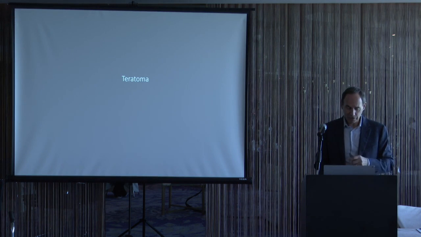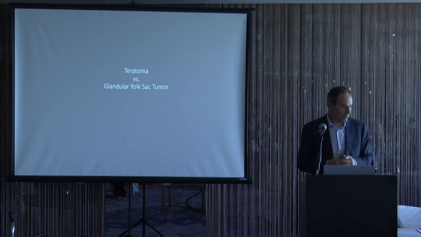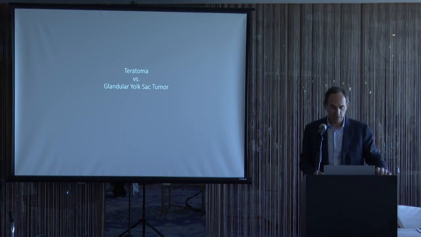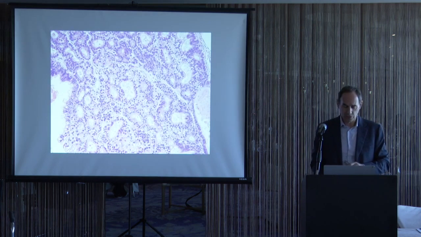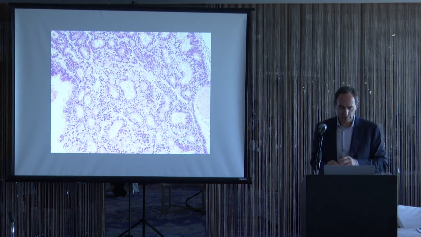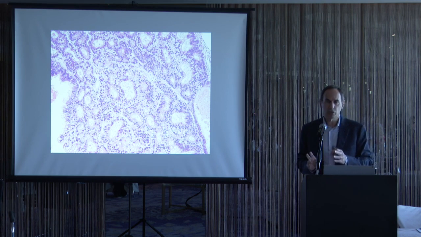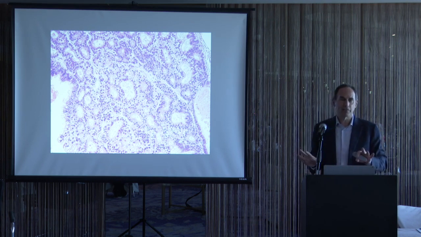So now let's turn to teratoma, and I'll show some examples in the slide seminar as well. One issue with teratoma is teratoma versus glandular yolk sac tumor. I'll show an example of a glandular yolk sac tumor in the slide seminar. Yolk sac tumors, amongst all testicular tumors, can have a myriad of patterns.